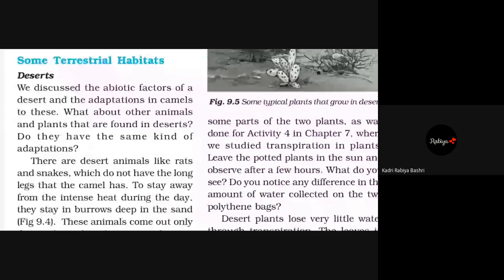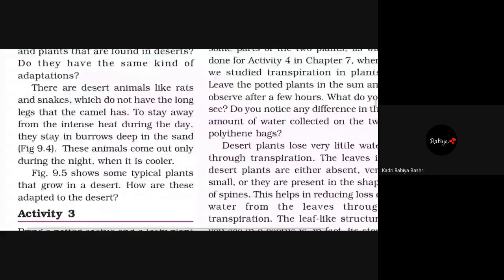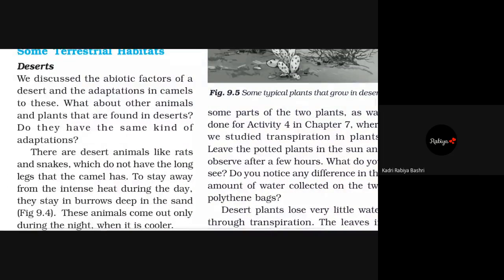Some terrestrial habitats: deserts. We discussed the abiotic factors of a desert and the adaptations in camels and other animals and plants that are found in deserts. Do they have the same kind of adaptations?